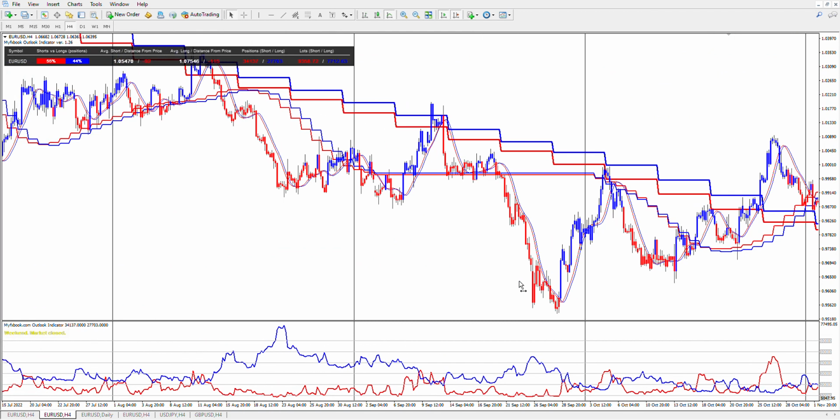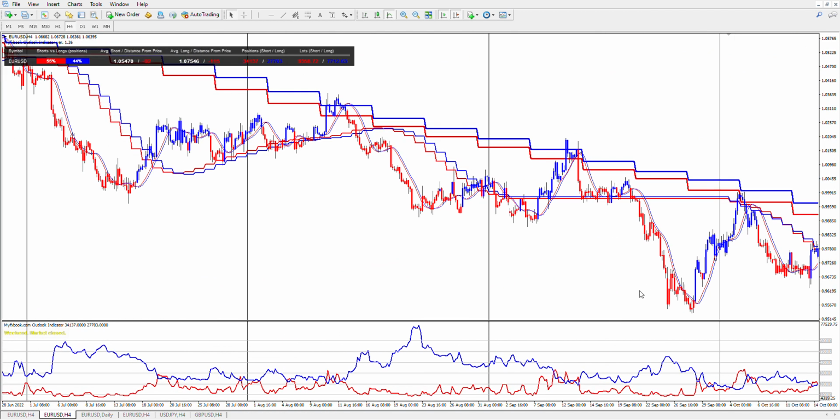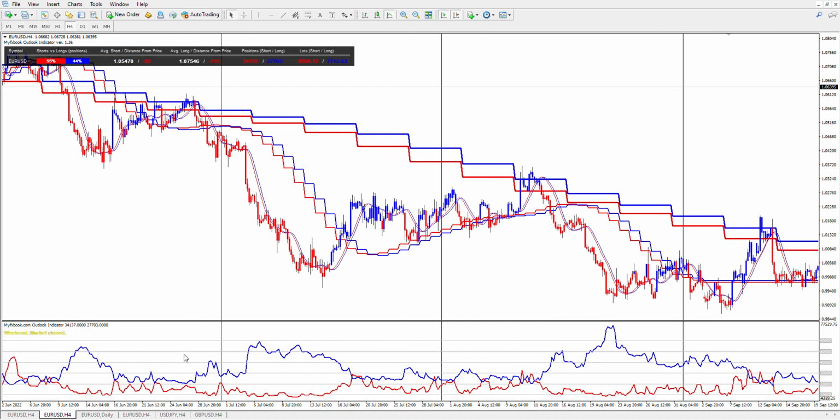You see, each month is bullish or bearish dominance, and we use a contrarian approach. We go the opposite way of what the Myfxbook Outlook Indicator tells us, opposite to the retail position, and that's very important to remember. We go the opposite way. When the line is blue, we go down with the trades.